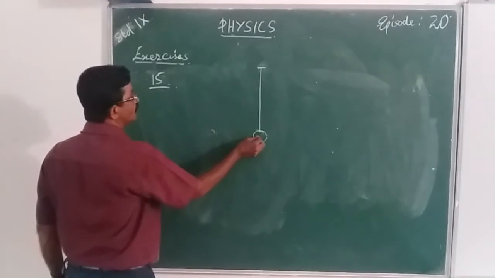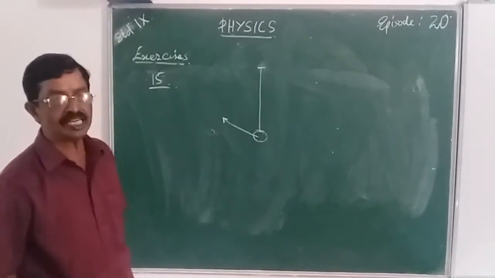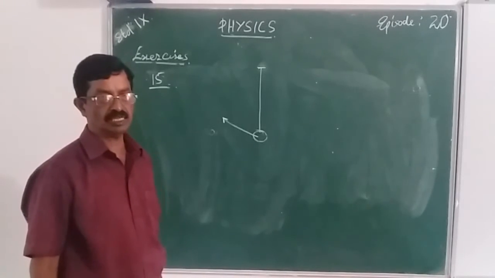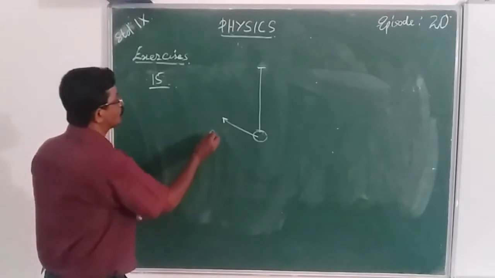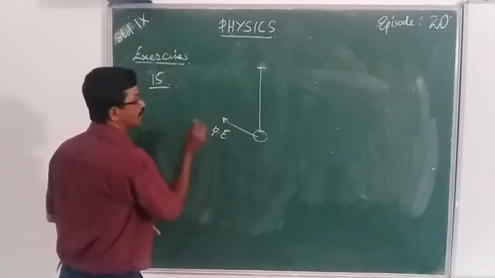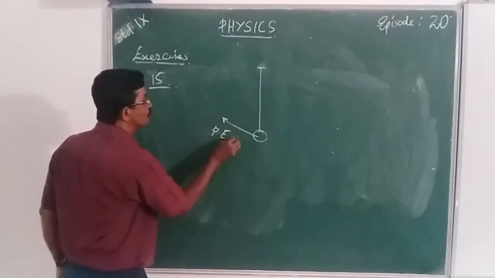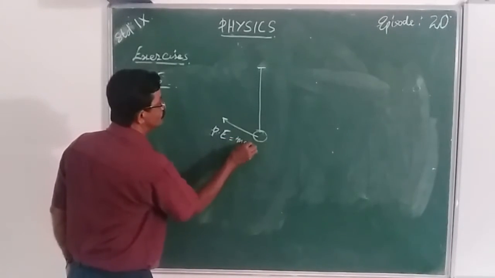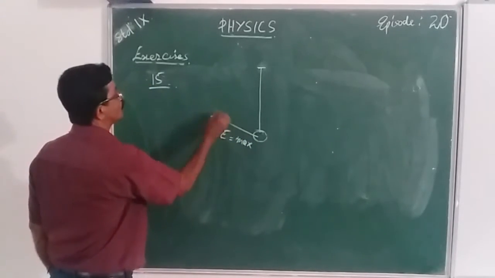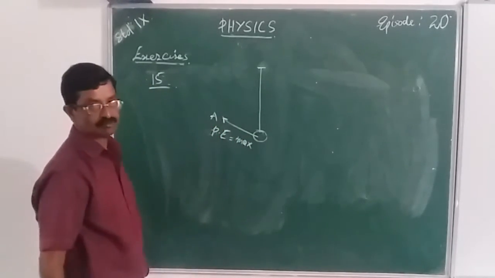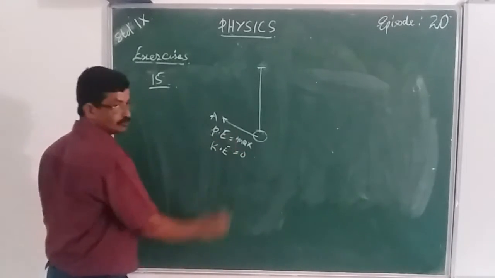When we displace this bob to one side, we do a certain amount of work, and that work done becomes its potential energy. Potential energy is maximum at point A, and kinetic energy at point A is 0.